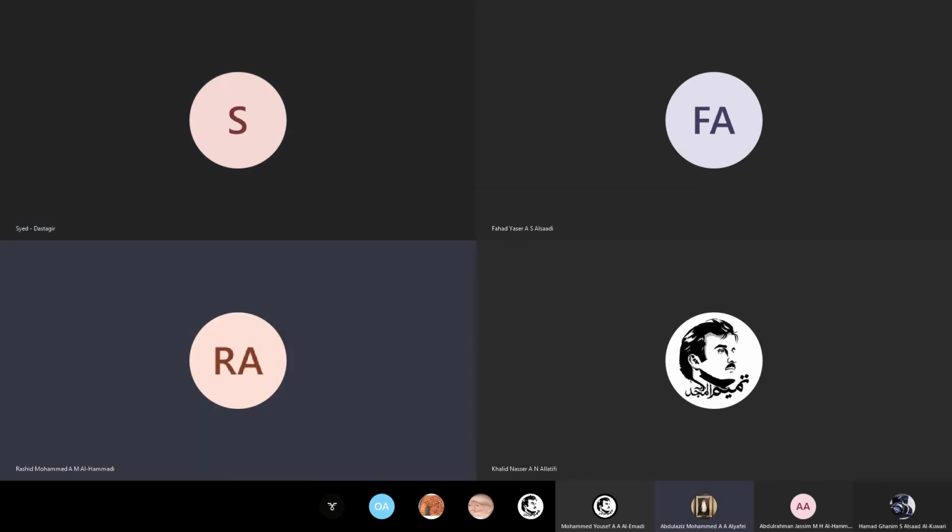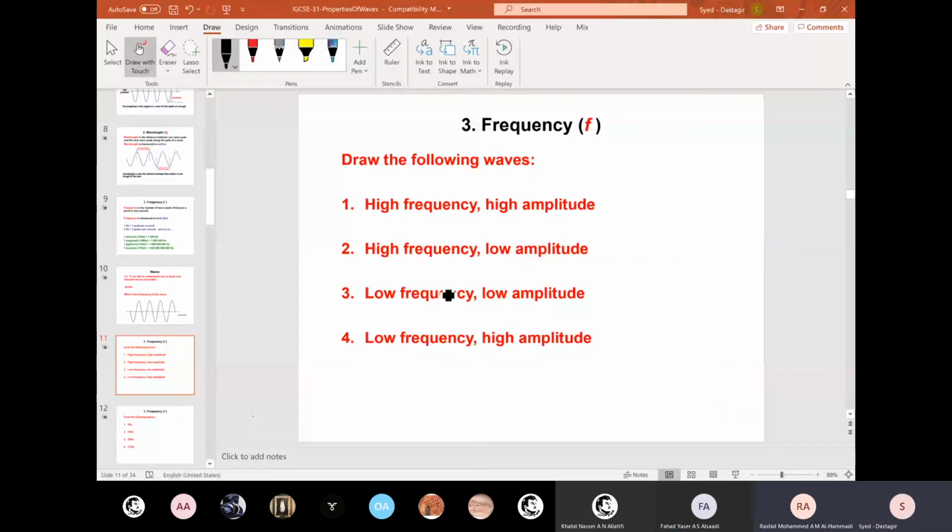Okay, so look, on this slide, what you need to do is click draw with touch, and you can actually touch your screen. I'm literally drawing it now.